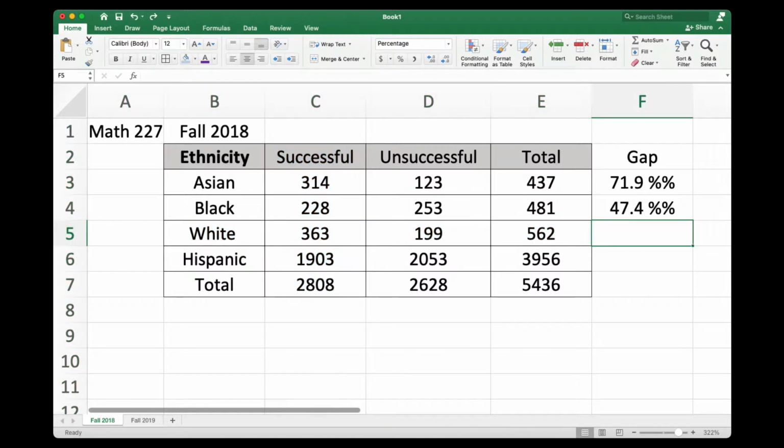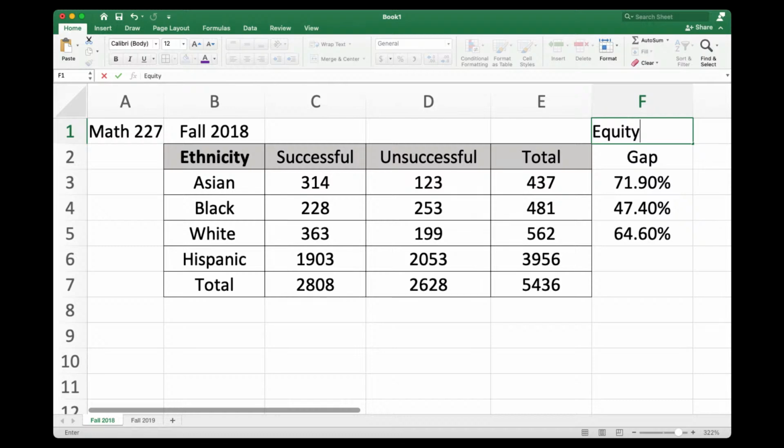And why does it have double? Double, that's weird. What are these known as? Not percent. These are known as what kind of things? Equity gaps. So you guys know what people are talking about now.